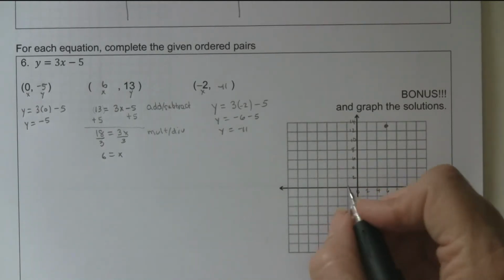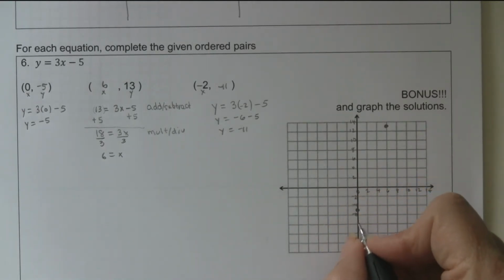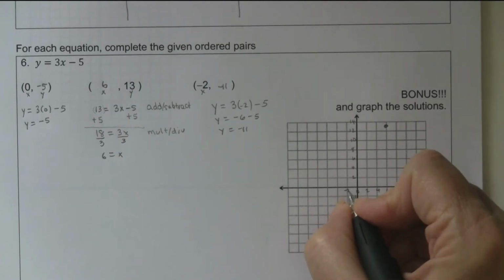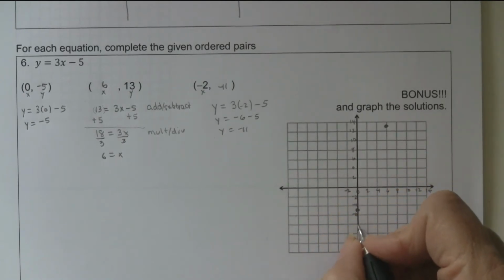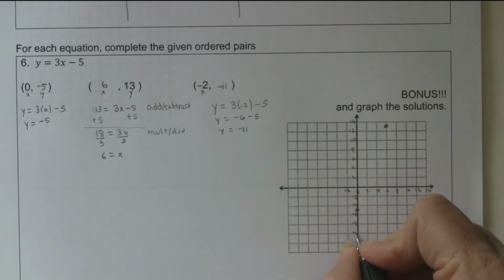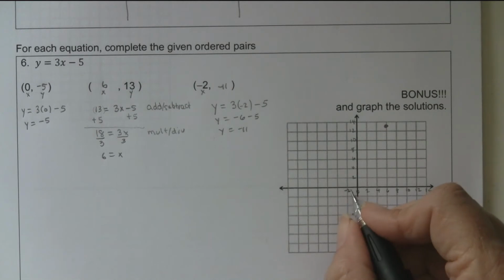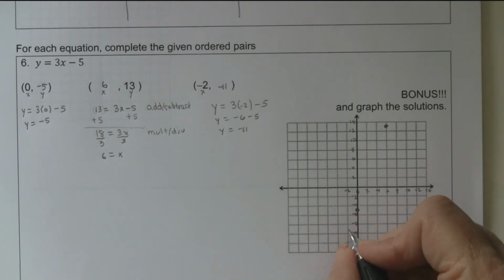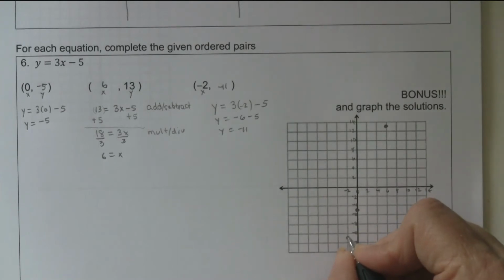And -2, -11: -2 is right there, because we're counting by twos. -6, -8, -10, -12, so over -2 down 11, there's 9, here's 11.